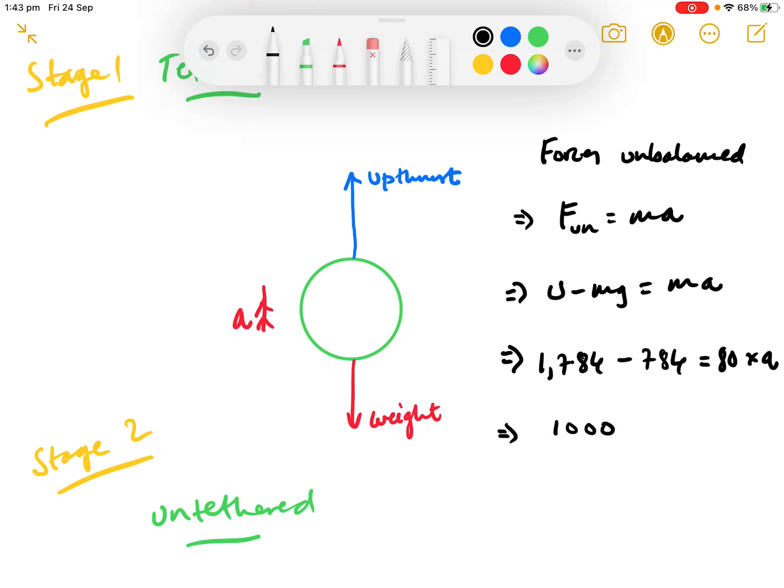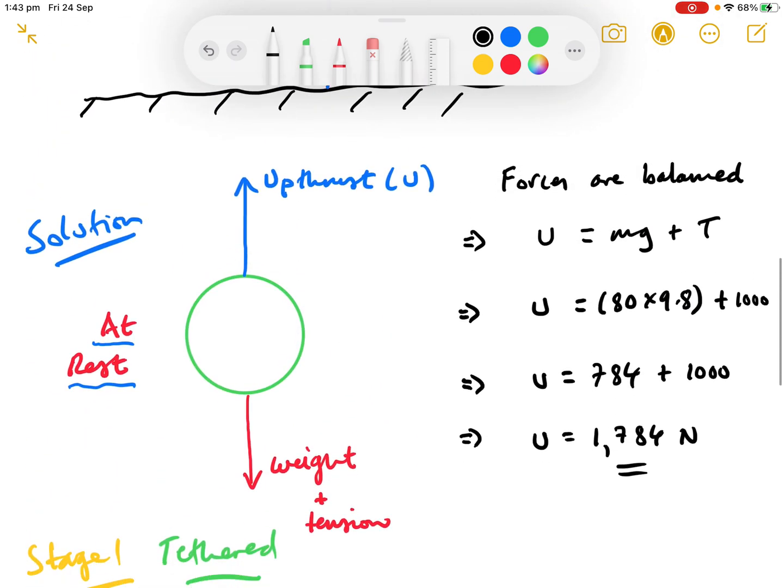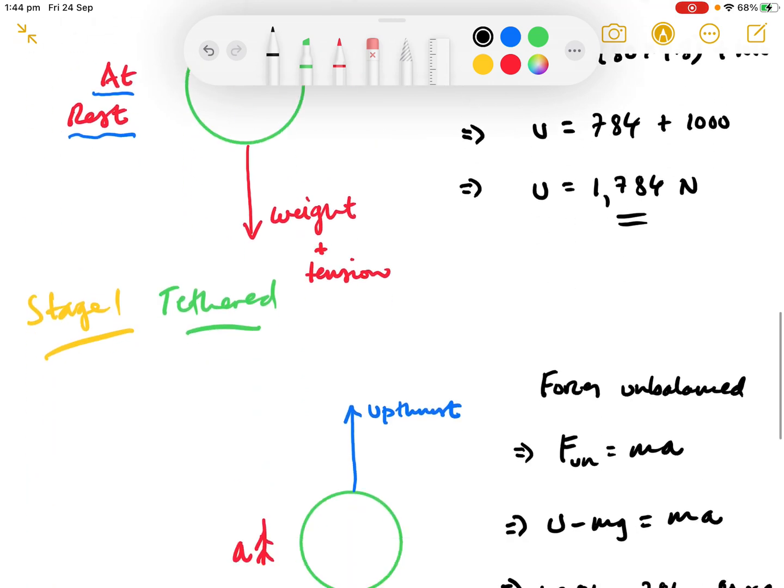And the rest is just arithmetic. So the unbalanced force is 1,000 newtons. And that's 80 times A. Okay.